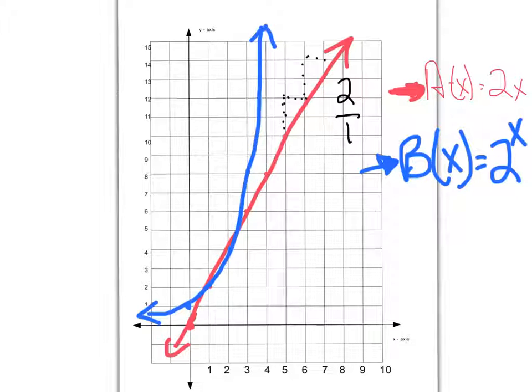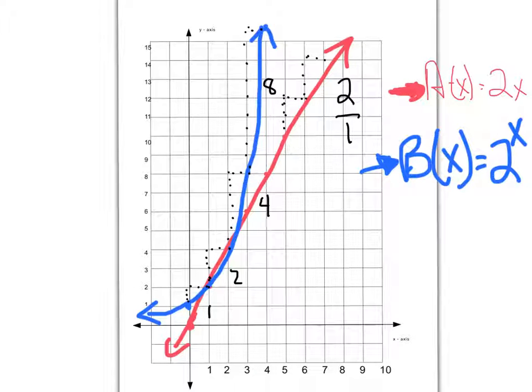If you look at b of x and pick a couple of points, for example 0 and 1, you see a rise of 1, a run of 1. From 1 to 2 you get a rise of 2, a run of 1. From 2 to 3 you get a rise of 4, a run of 1. And then we get a rise of 8 and a run of 1, for slopes totaling 1, 2, 4, and then 8.